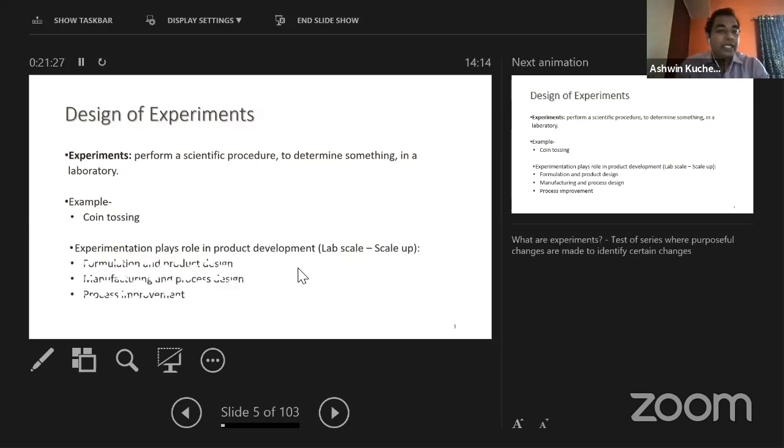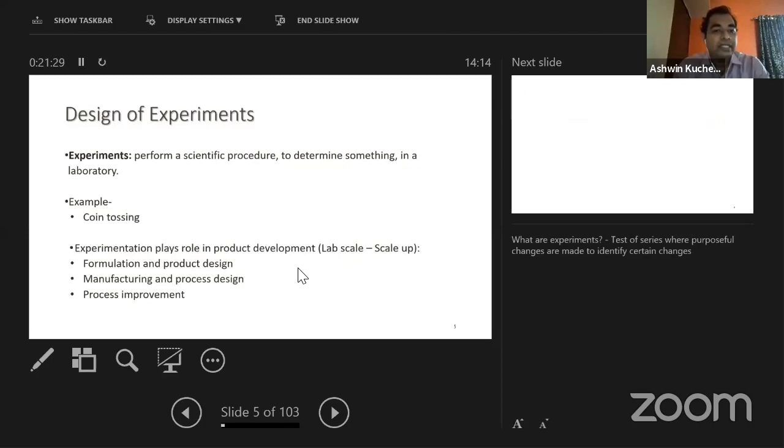So let's see, it will help us in designing the formulation and product design. Yes, during design of a product, different formulation variables, it may be some different excipients, it may be CMAs, what are called critical material attributes, need to be considered. Different process parameters like critical process parameters, CPPs, will be there when we will be using manufacturing and process designs.